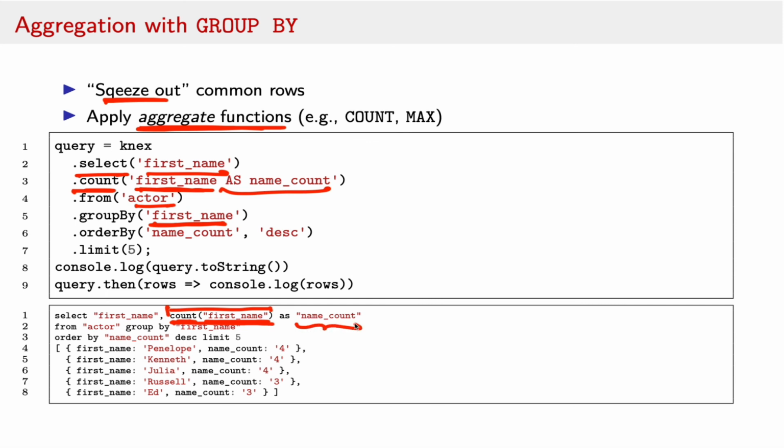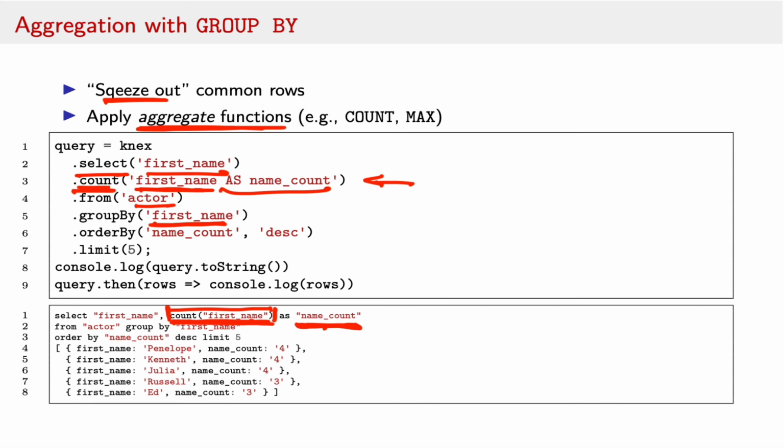So I'm going to ask for this result as a result set where the column that's carrying the counts of those individual names is going to be called name count. And you can see that that syntax is what's being interpreted from Knex based on the contents of this count method. So that is basically being translated into count first name, which is the correct syntax for the count in SQL, and it's also being given this alias so we can refer to that more easily later.